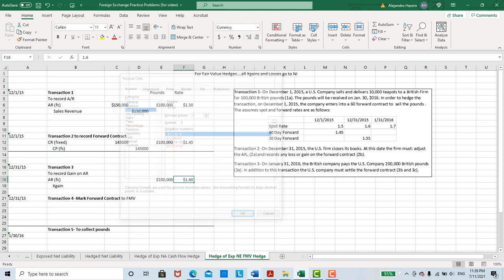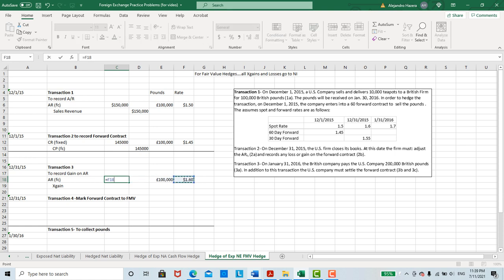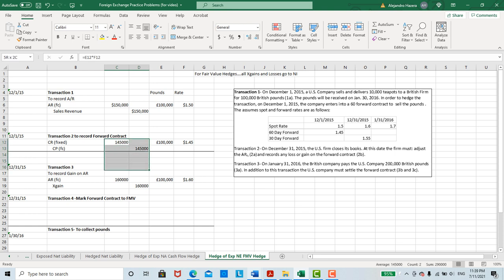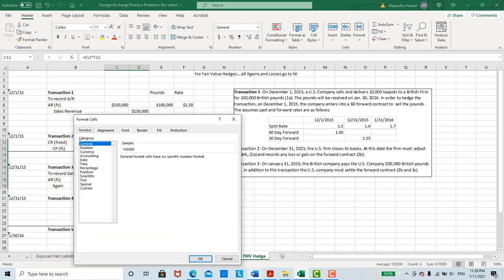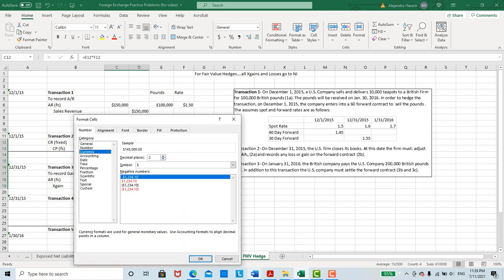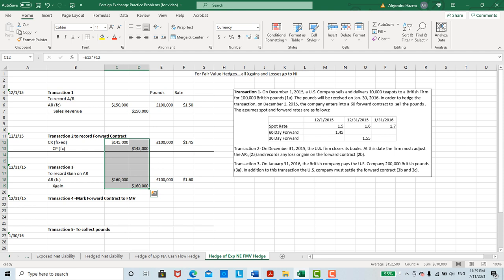And change that to $1.60. Then we've got 100,000 times $1.60. That amount right there. We're going to make sure all these are marked as dollars, because remember, you're an American company, and your reporting currency is the US dollar. Even if you're holding pounds, you have to show the dollar value of those pounds.